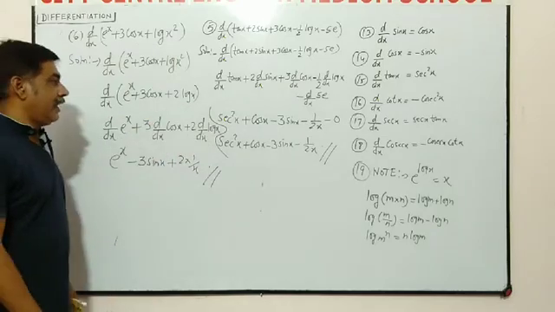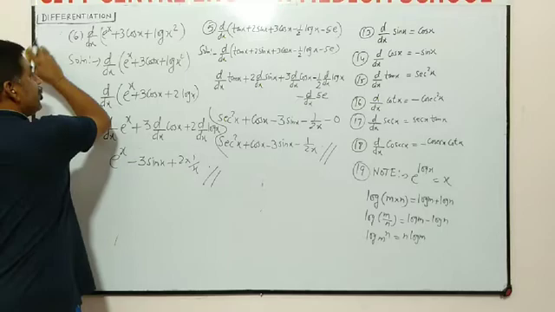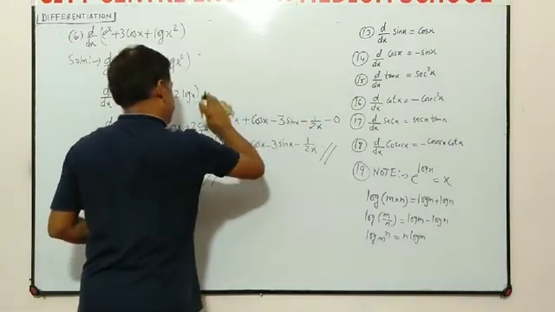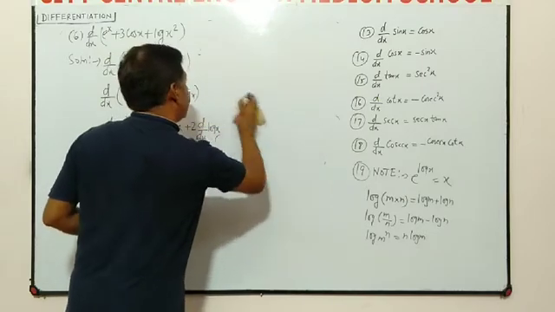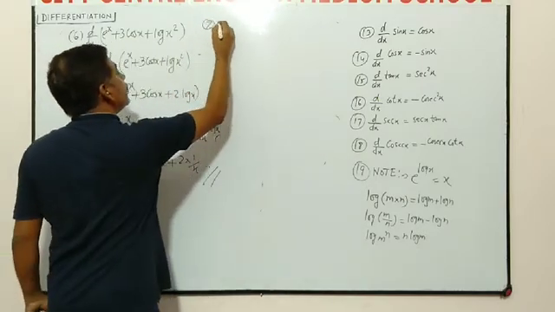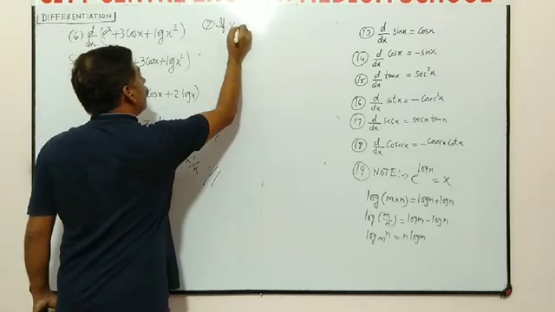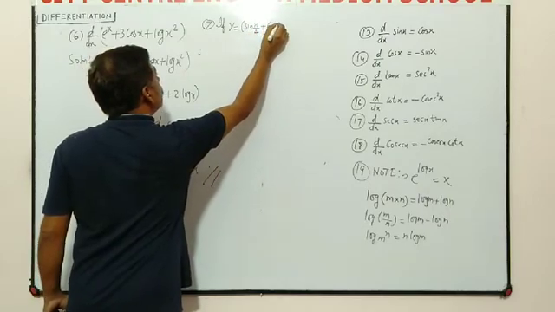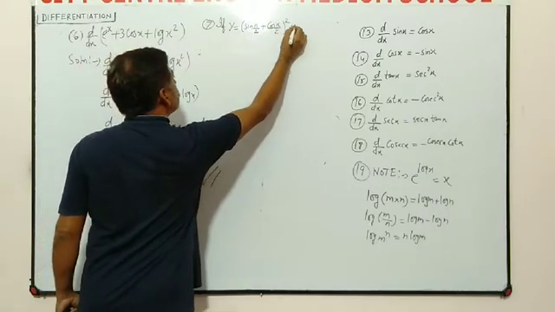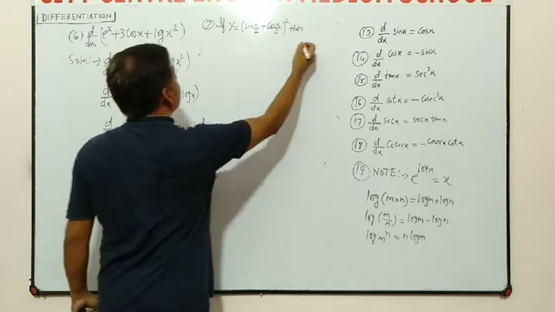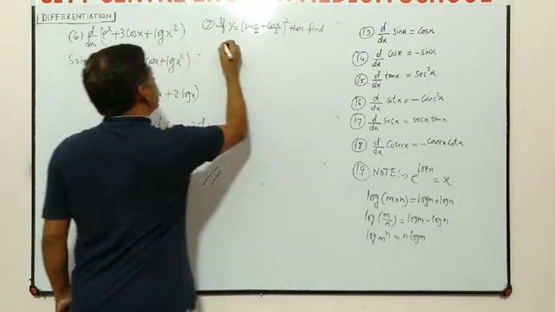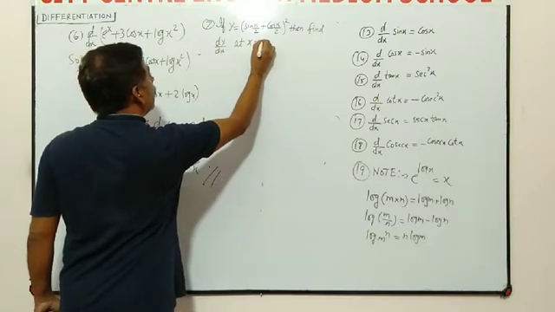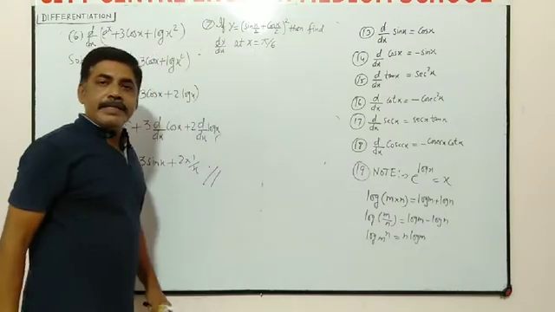Clear? Okay. Now see one more question. Question number 7: if y is equal to sin x by 2 plus cos x by 2 whole square, then find dy by dx at x is equal to pi by 6.